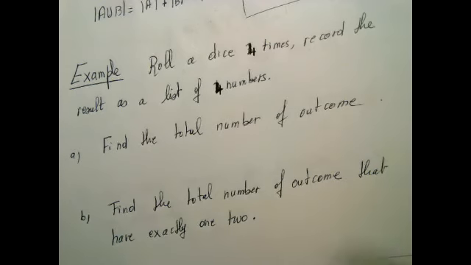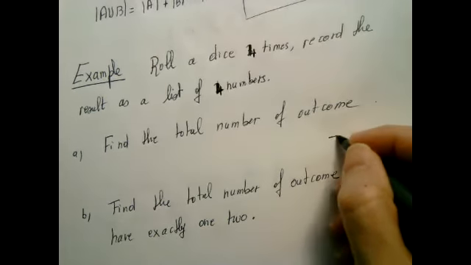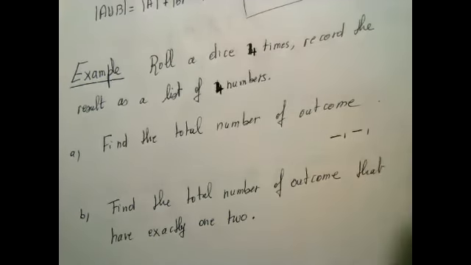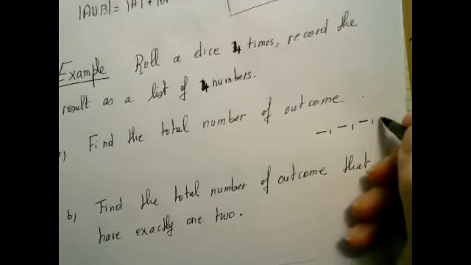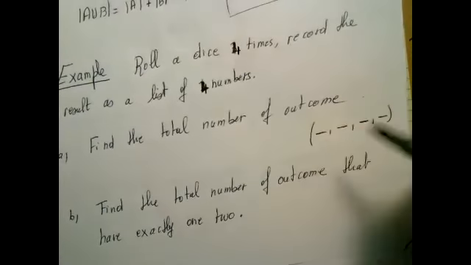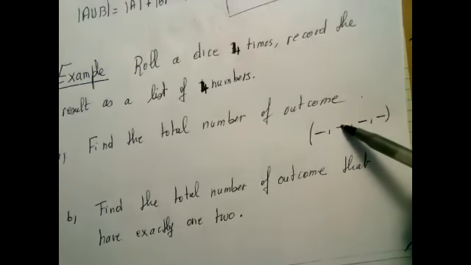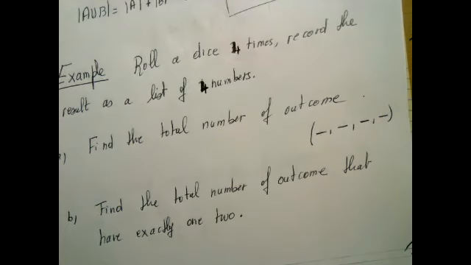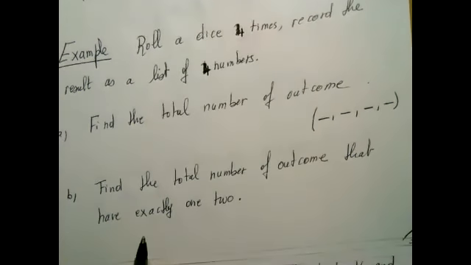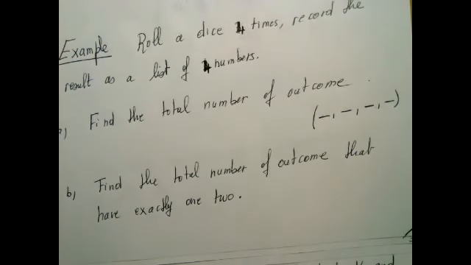So you take the dice and actually roll it, and you have a list of 4 numbers. You roll it the first time, you get something and plug it here, then you roll it again, and so on. What's the total number of outcomes? Very quickly.